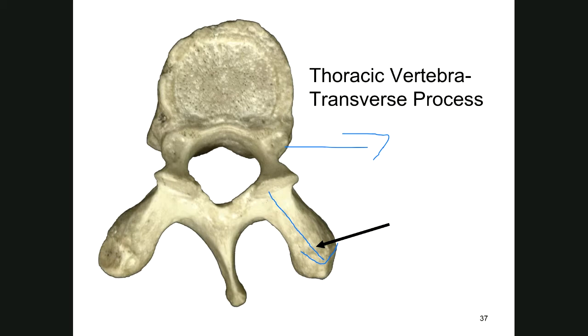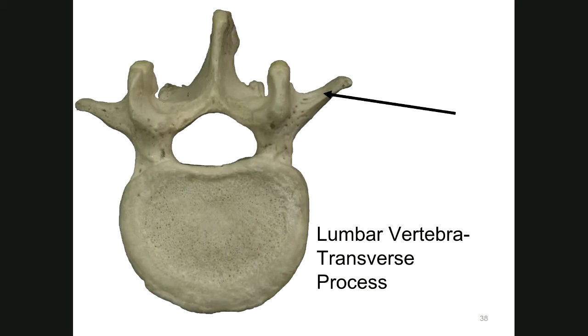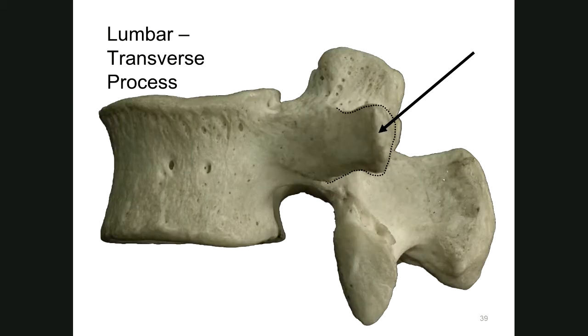And the lumbar is similar to the cervical vertebrae because their transverse process also comes straight out. And then here's the lateral view of the transverse process.